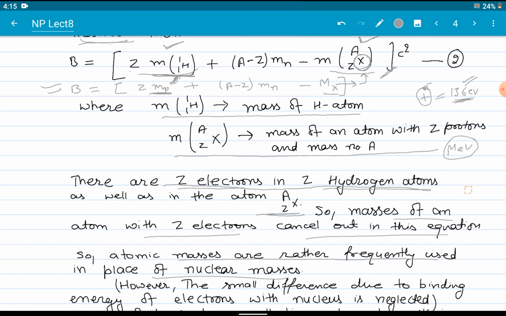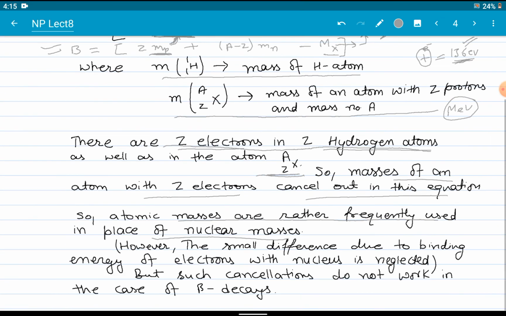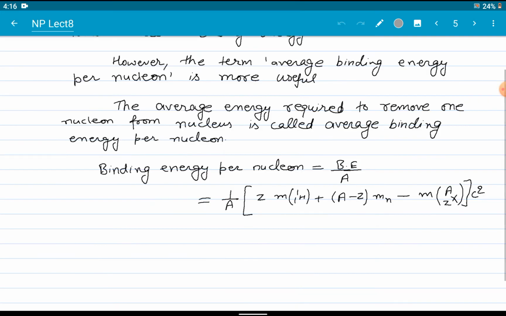So we can neglect that factor, that the binding energy of electron with the nucleus is neglected here. But such calculations do not work in the beta decay. In case of beta decay, we will see in the further lectures that we cannot neglect this amount of energy and we have to take the exact values. Okay, so let's come on to the next section.